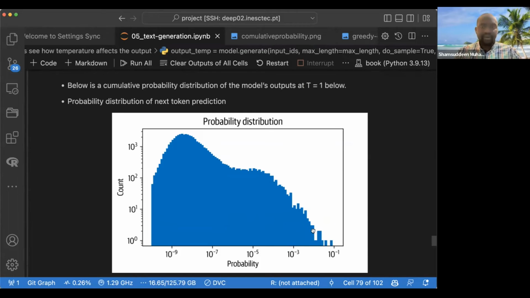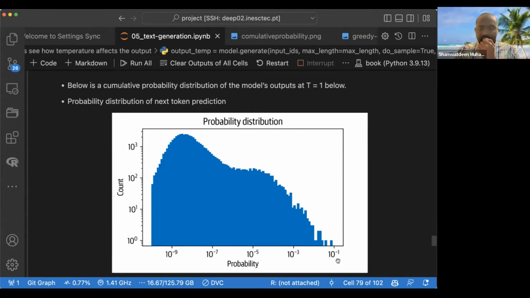We can look at the cumulative probability distribution of the model at t equals 1. We can see the count of the tokens, and the probabilities here are very small, 10 to the 9, 10 to the 8, which have higher counts. With higher probability, there is a small number of options, so the diversity is small.